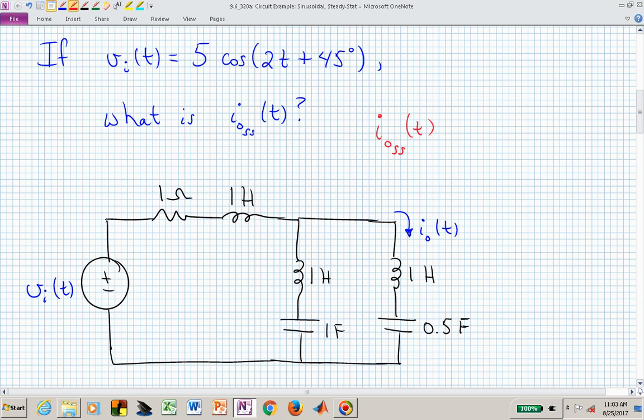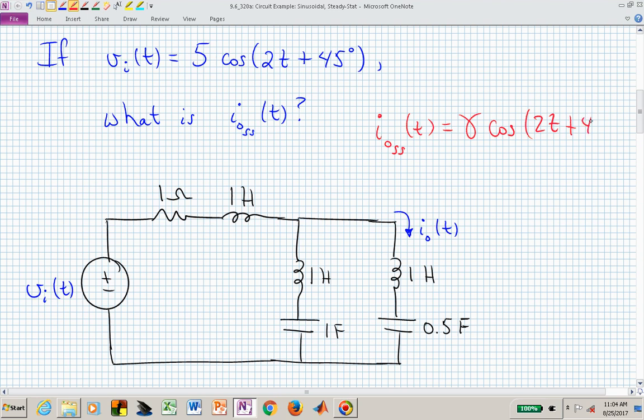where that time constant is associated with the dominant pole in this system, my I sub 0 steady state of t is going to be some amplitude. I don't know what it is, so let me just say it's some gamma. But I do know that it will be oscillating at a frequency of 2 radians per second, and I don't know what the angle is going to be, so let me just say that's some angle.